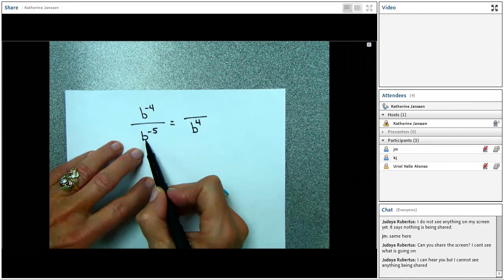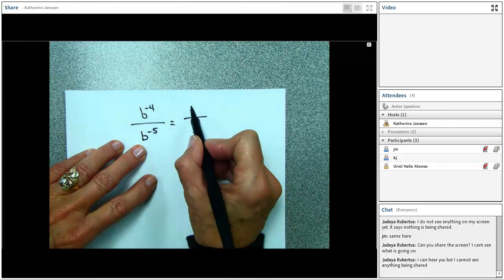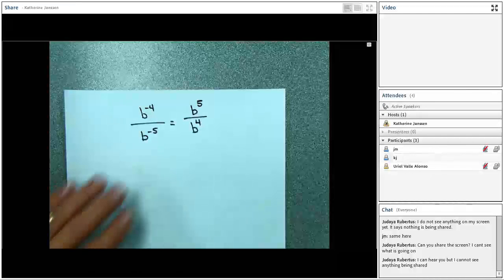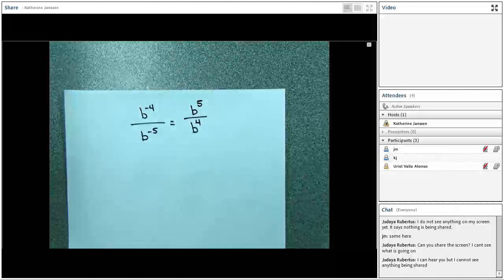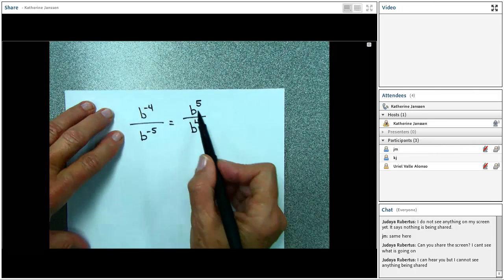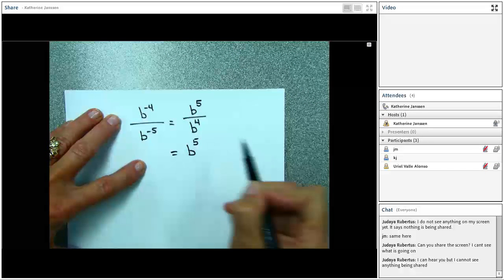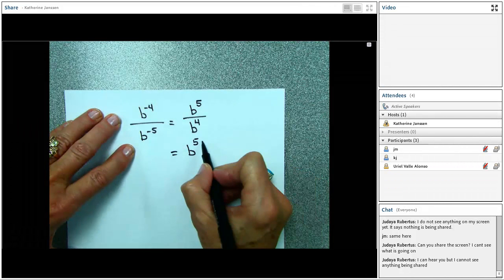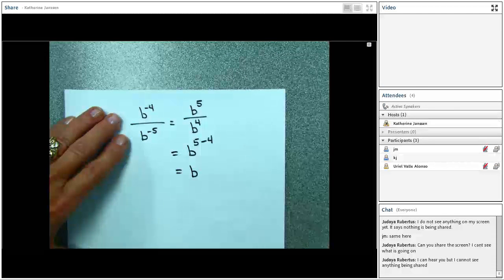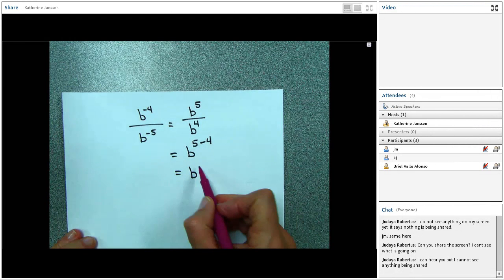And this base is in the denominator's position with a negative exponent, so I'm going to take the base to the numerator and change the sign of the exponent. And now I have the same base. I'm going to subtract from the numerator's exponent the denominator's exponent. And that leaves b to the 1st degree.